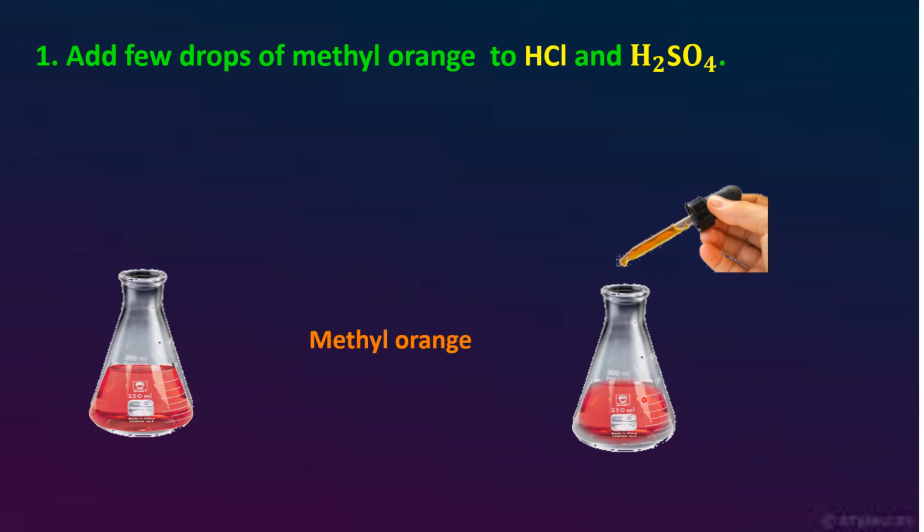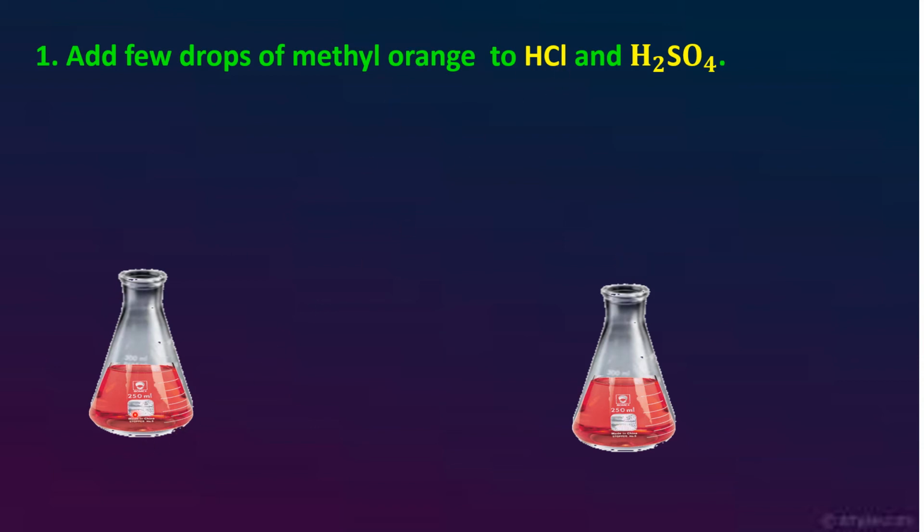So the solution has changed to the red color. That means whenever methyl orange is added to dilute HCl and dilute H2SO4, which are colorless solutions, they have changed to the red color. So methyl orange changes HCl and H2SO4 to red color, whereas with phenolphthalein, the solution remains the same. Now we'll see for the other solutions.